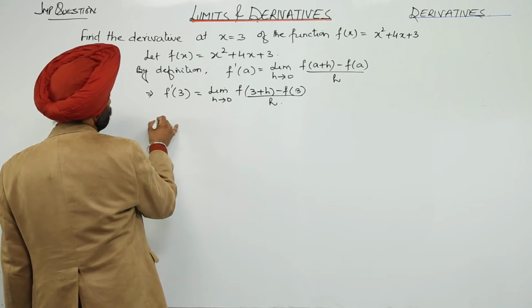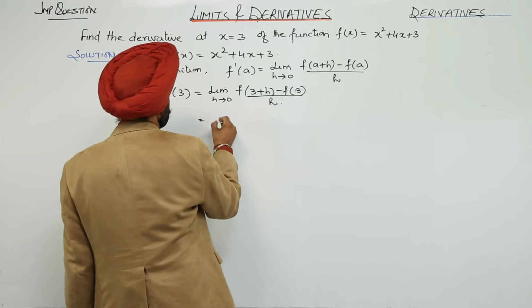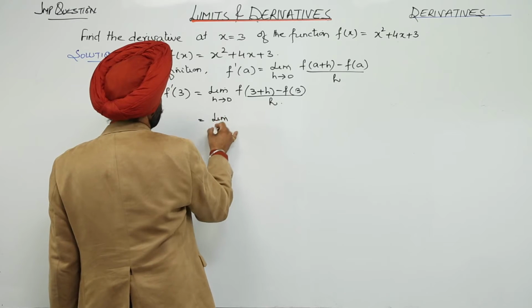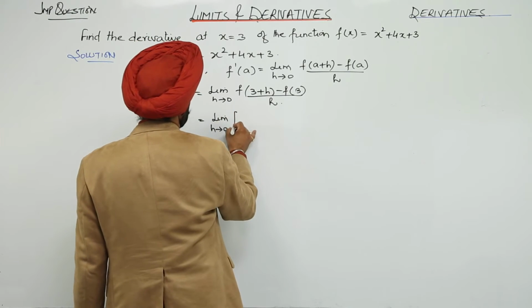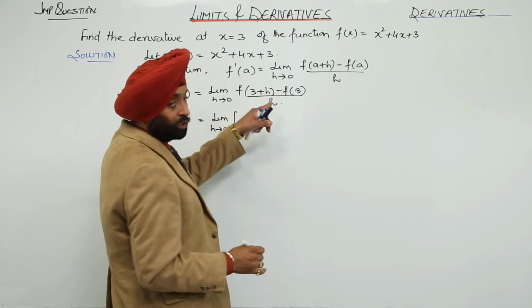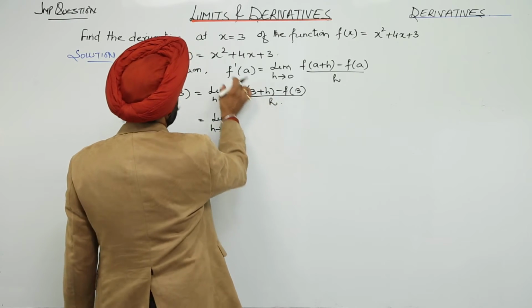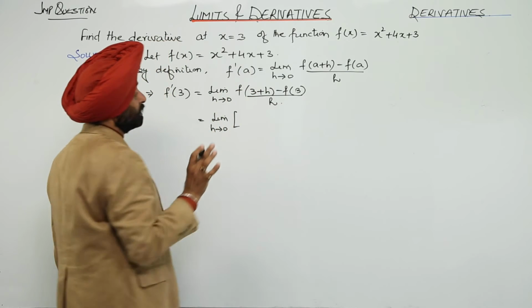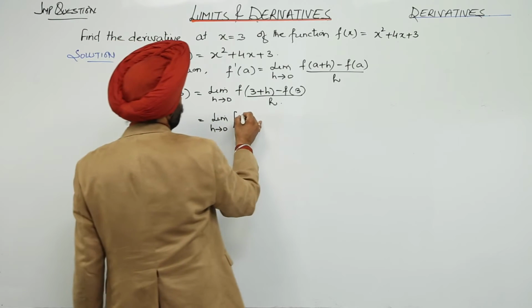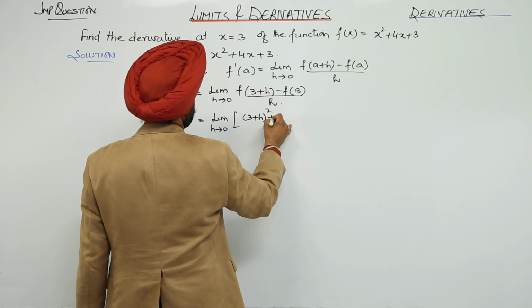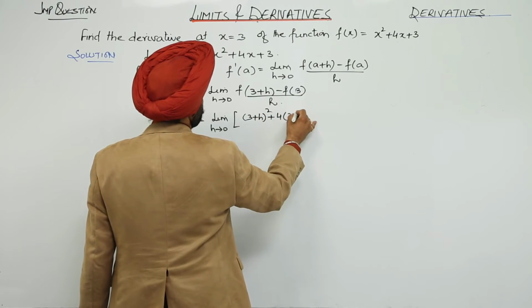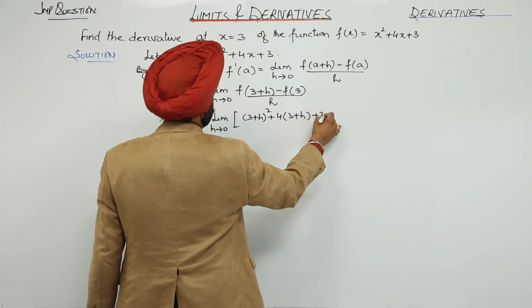Now, this further, we can write it as limit h approaches to 0, starting from the first part, that is f(3 plus h). Okay. Now, in place of x we are going to put 3 plus h. So, we will be having (3 plus h) whole square plus 4 times (3 plus h) plus 3.